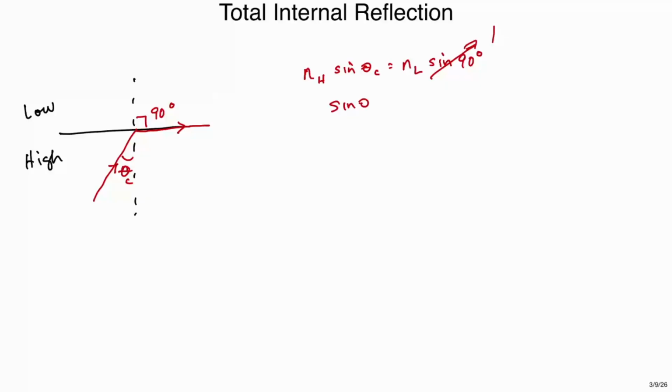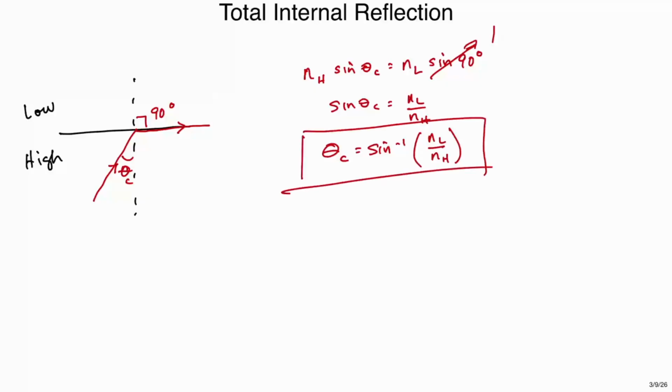Solving for the critical angle, I'll get n low over n high, just multiply or divide both sides by n high, and then the critical angle is going to be the inverse sine of the lower index material divided by the higher index material.